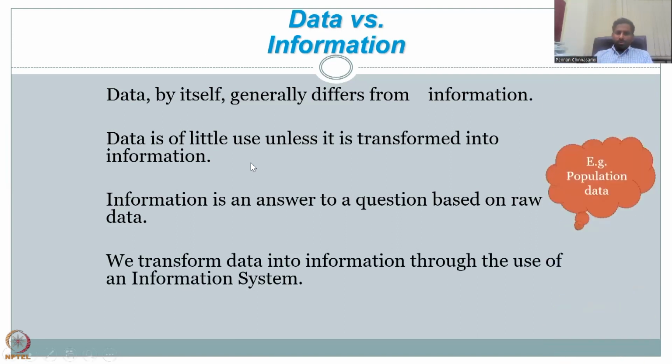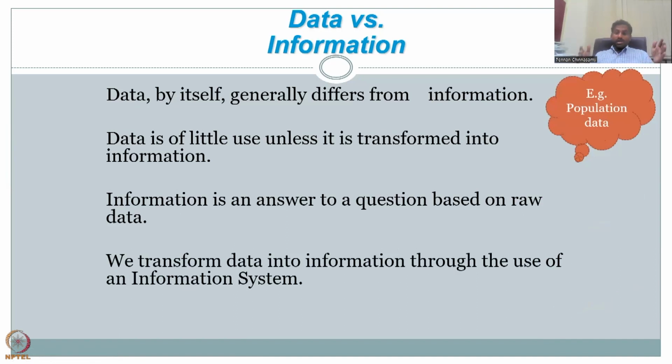Let's take an example of population data. Everyone knows population data comes in a lot of tables, once in every 10 years, census data. If you just look at it as numbers, it has no meaning. There's no information coming out. But when you query it, when you map it, then you have information coming out. For example, if a table has just the number of cities, population, male, female, and you just look at the data, nothing comes out. If you do analysis, then you convert it into information.